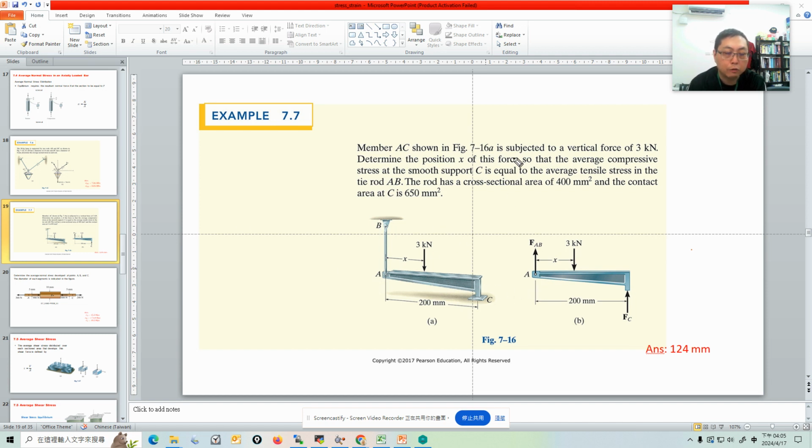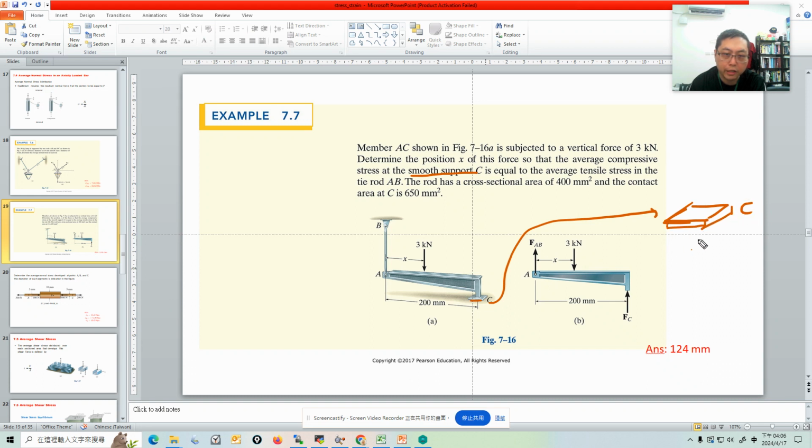Let's look at the description of this problem again. It says the smooth support C has a compressive stress, so this support C is here, a very tiny patch.